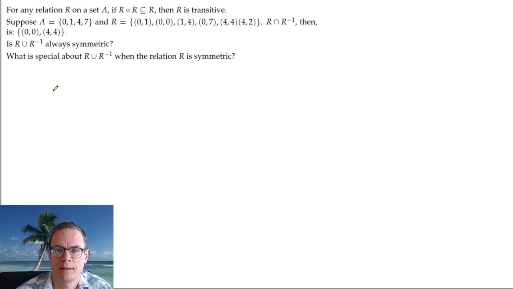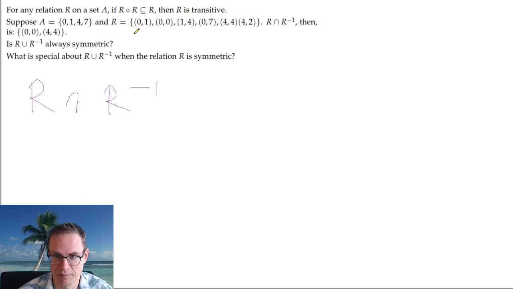All right, so here we have a set A and a relation R on A. Now here we have the intersection applied to relations. So let's see how that works. So R is this particular relation, 6 ordered pairs, and it's intersected with the inverse of that same relation.